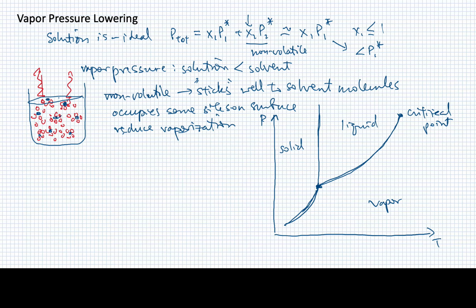The solute is going to reduce vaporization, as we've mentioned, and so what it does is move this curve downward. It's not a large move downward, but all the points along this curve are going to move slightly downward. So if I were to redraw it now for the solution, it would come up like this. That's the effect of the vapor pressure lowering.